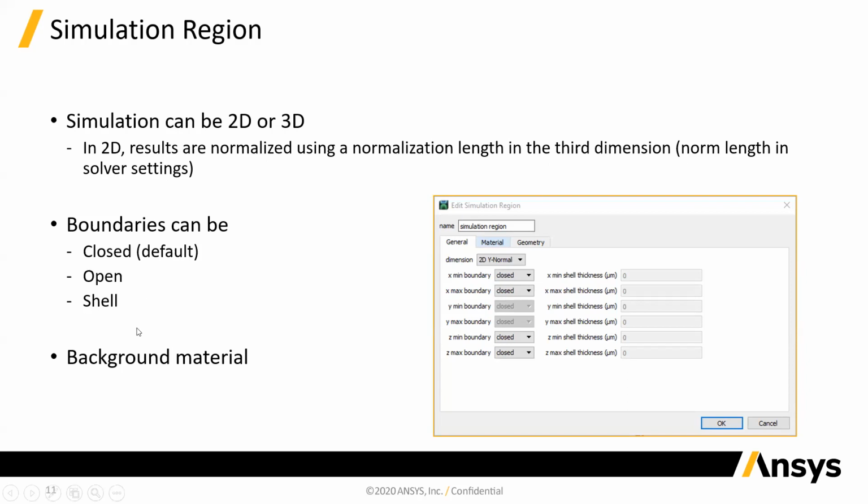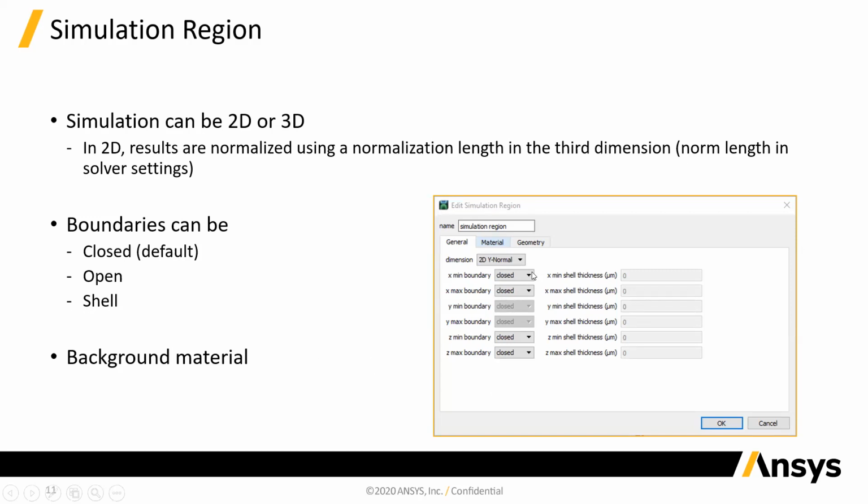And then the shell boundary condition is specifically used in DGTD. So in FDTD, we saw that when you want an absorbing boundary condition, you need a PML boundary condition. And the PML boundary condition is actually a thick layer of a certain material that absorbs all of the light that goes in there. So in order to do that with DGTD, you have to use this shell option in the boundary.